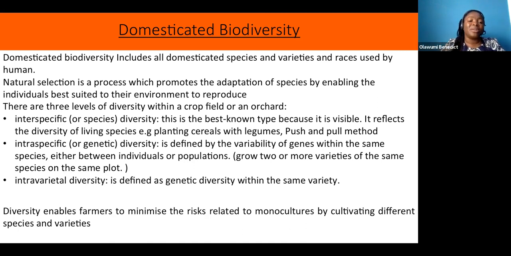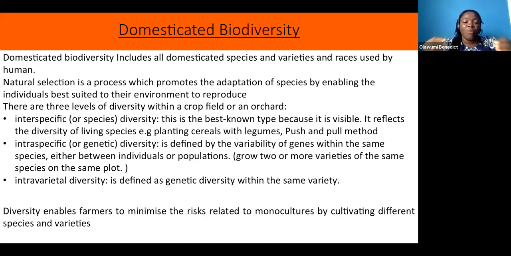And in domesticated biodiversity, we have 3 levels of diversity. We have the interspecific, which is species diversity. We have the intraspecific, which is genetic, particular to each gene. And then we have the intravarietal diversity, which is defined as genetic diversity within the same variety.